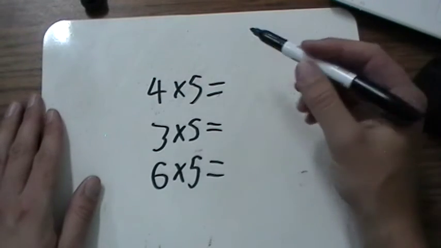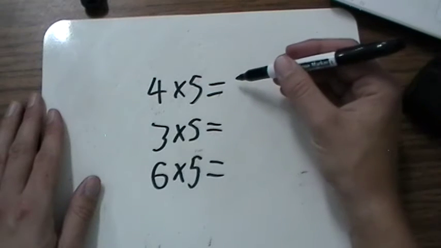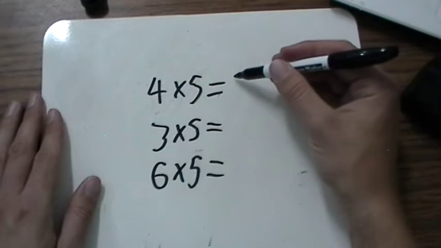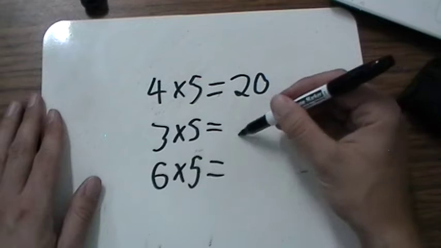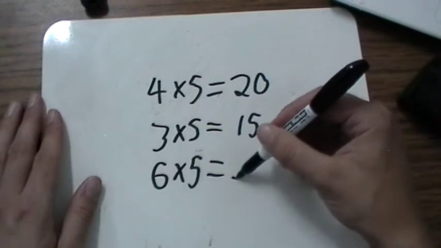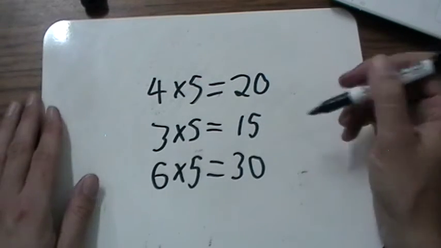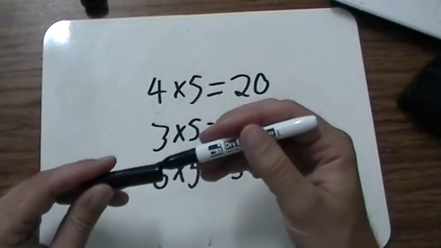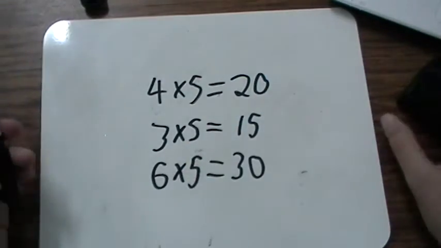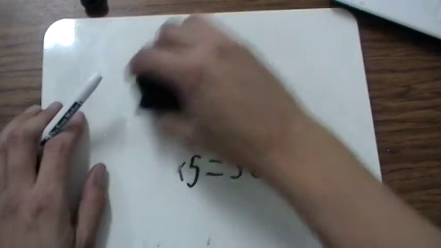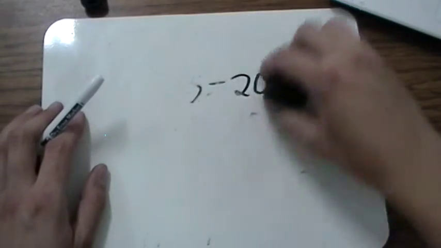Something I want you to memorize. 4 times 5 is 20. 3 times 5, 15. 6 times 5, 30. All right? That's why we've been working through all those multiplication charts at the beginning of the year to get you to memorize your multiplication facts.